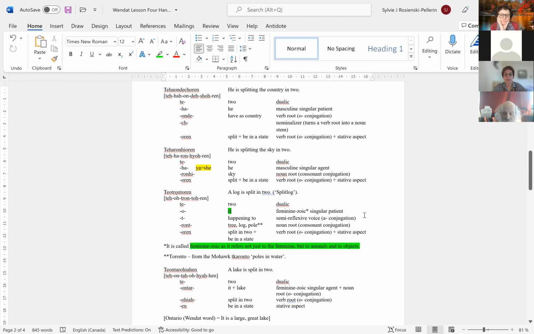Then ront, which means tree, log, or pole, is, and I know I talked about this before, this gives us the word Toronto. In Mohawk, it was Tikaranto, poles in water. It referred to the Atherley Narrows, where there were cedar fish weirs for literally thousands of years.